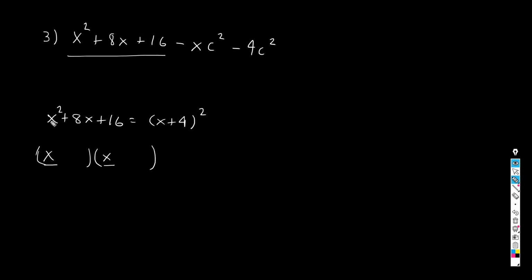X times x is x squared. And then you think of another two numbers, this one and this one, which multiplied together will give you 16. So you may say, okay, 4 and 4, that's one possibility, right? I mean plus 4 and plus 4. And then the product of these two plus the product of these two will give you the one in the middle. So it also works. So you can employ this technique with any trinomial, basically. That's what I'm trying to say.